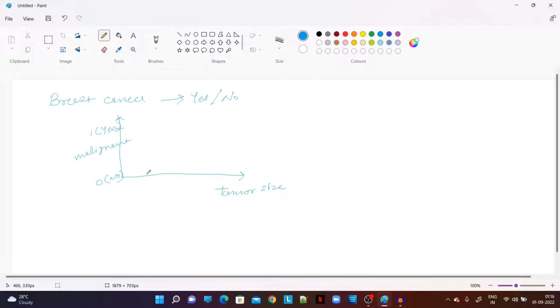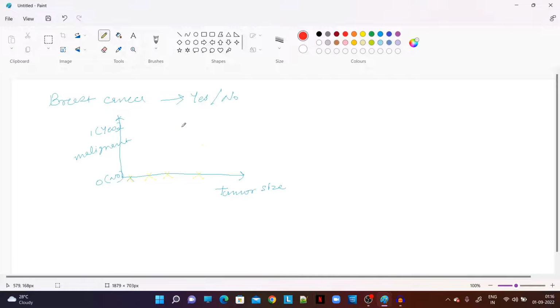This could be the relationship, like this is one point and this is another point, and then probably as the size of the tumor increases, there is a high chance that a candidate could have a malignant cancer.